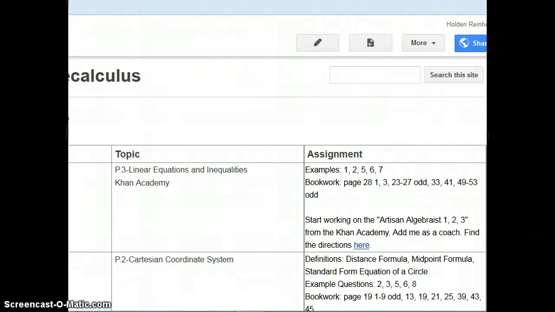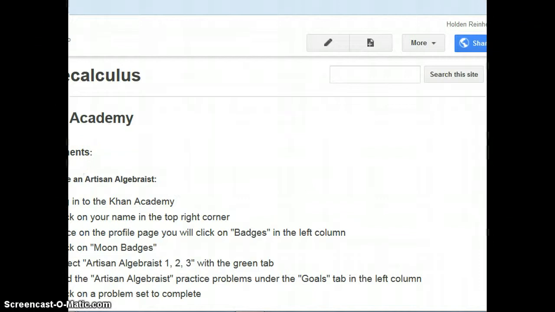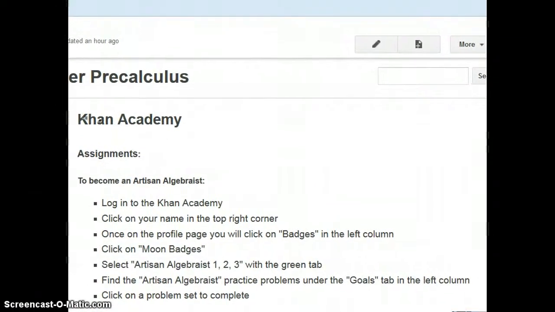One part of the class that I want you to work on is Khan Academy, and I want you to work through what's called the Artists and Algebraists 1, 2, and 3, which gets your wheels turning for pre-calculus. You need to log into Khan Academy and create an account for yourself if you haven't already.